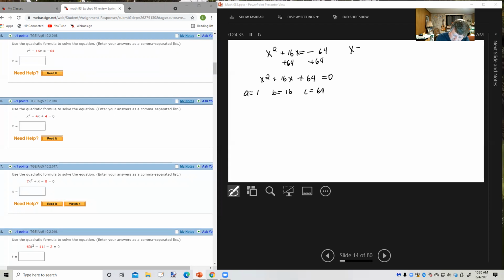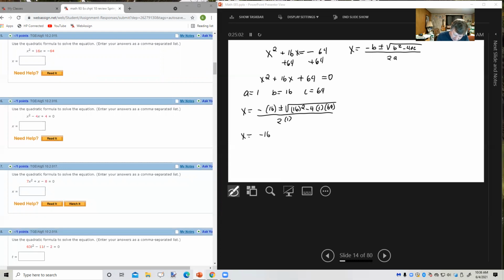Recall that x equals negative b plus or minus the square root of b squared minus 4ac all over 2a. So x equals negative b plus or minus the square root of b squared minus 4ac all over 2a.